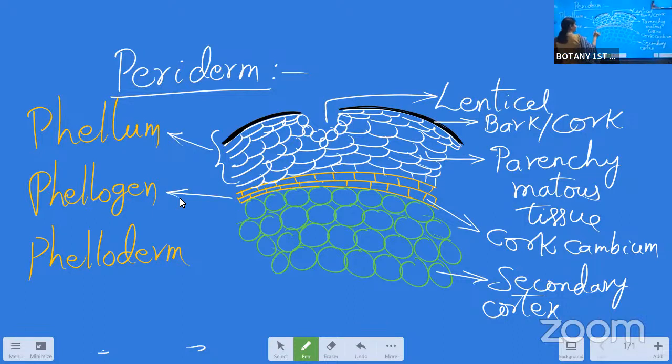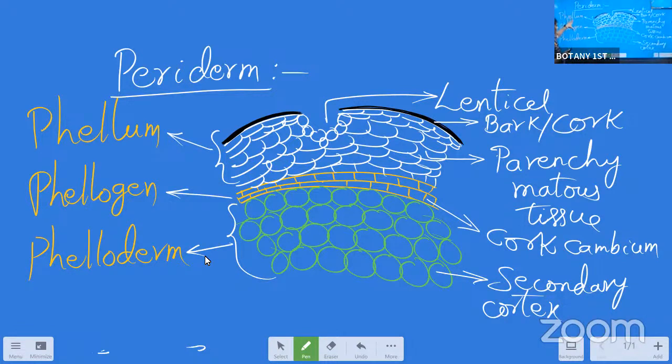Phelloderm means below the cork cambium, otherwise below the cambial cells, the secondary cortex, the living simple parenchymatous cells which are present above the primary cortex are called the secondary cortex or phelloderm. So like this, 3 layers.